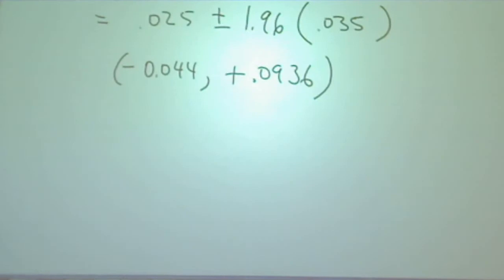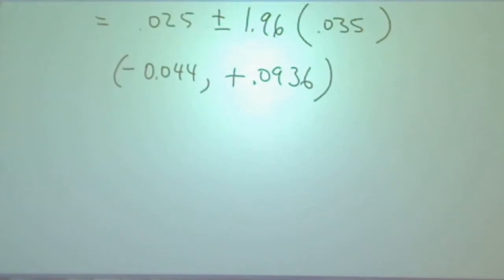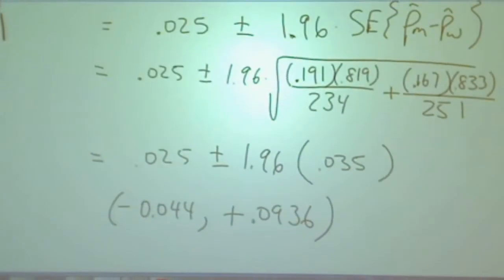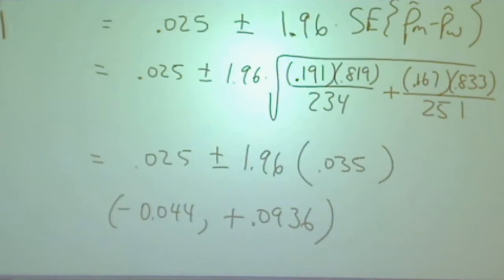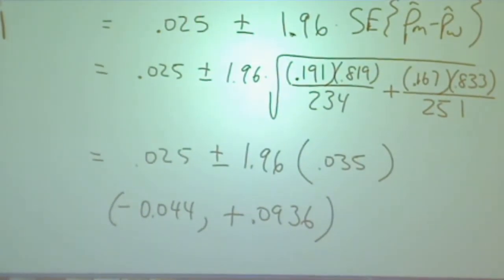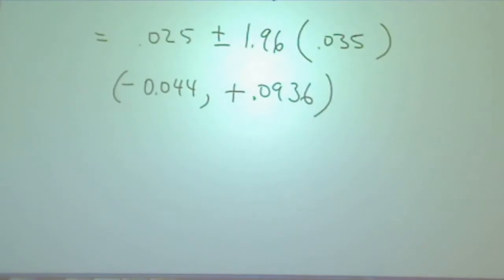So what if I ask you to interpret the confidence interval? Put everything in there. What would you say? We are 95% confident that the true rate of illiteracy in men and women is between negative 0.044 and 0.0936, and it's a difference.